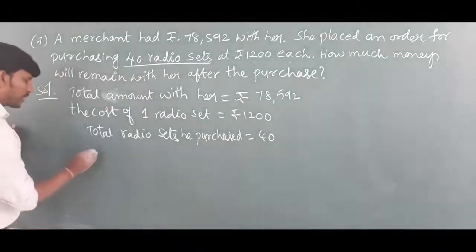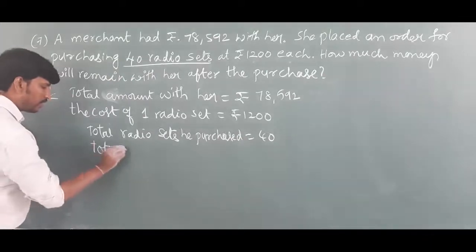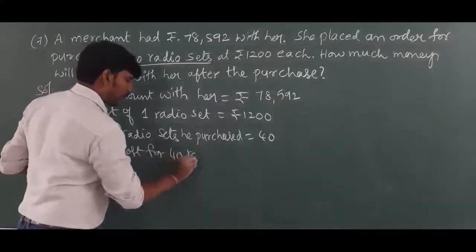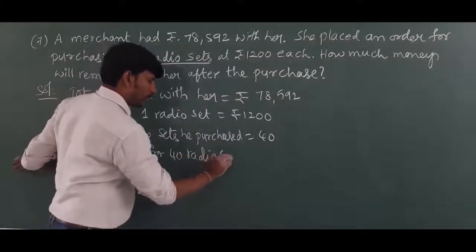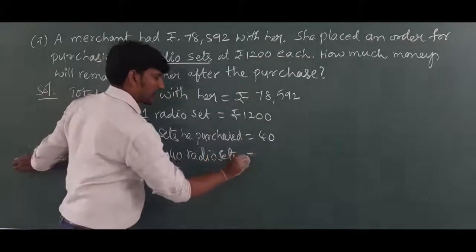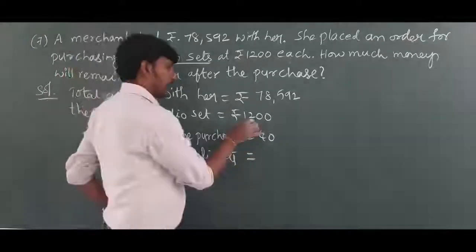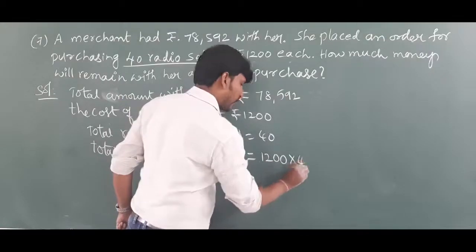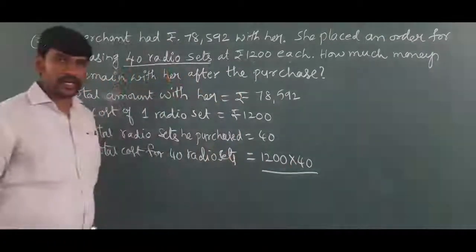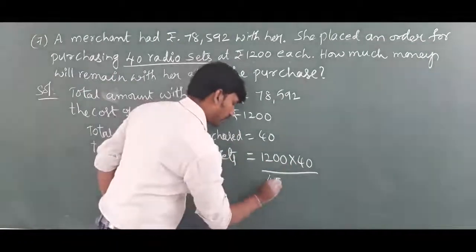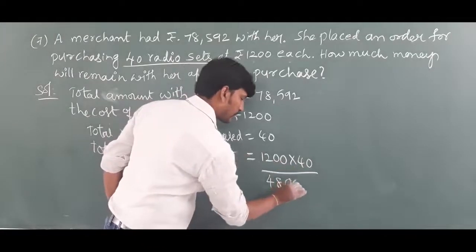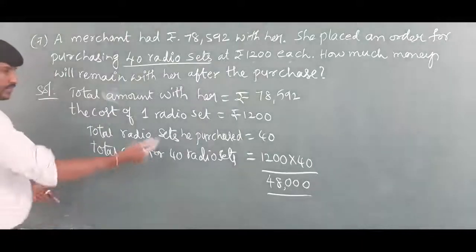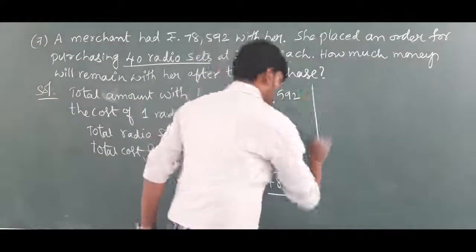Right? So total cost for 40 radio sets is each radio set cost into 40, that is 1200 into 40. So 12 fours are how much here? 48. How many zeros are here? 3 zeros. So what is the cost for 40 sets of radio? That is 48,000.